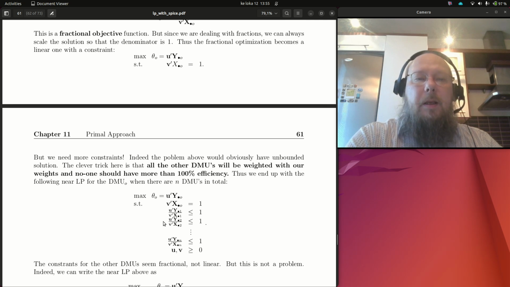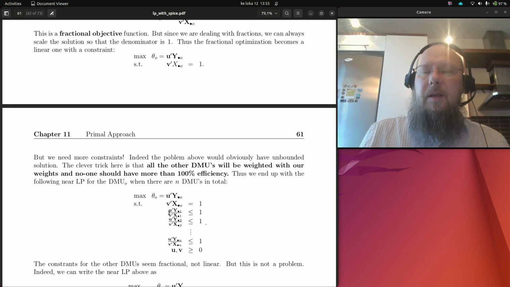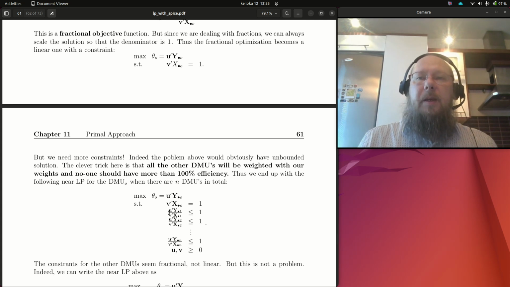So these constraints say that when finding the weights that maximize your efficiency for a DMU1 observation, then the efficiency associated with those weights is calculated for all the other DMUs also, and they are not allowed to exceed 100%. Alright, so this is basically the whole idea.